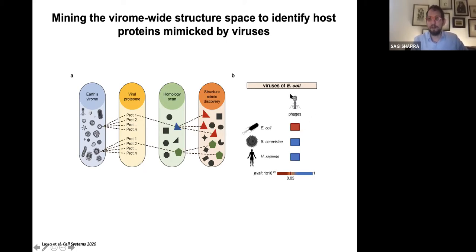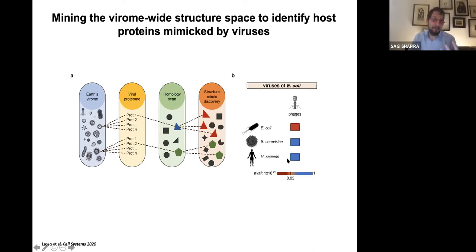We build structure models for all phage proteins that have been described, and we ask whether those proteins are more similar in structure to various hosts. And perhaps not surprising, the structure language that phages use is most similar to E. coli. Makes sense, they infect bacteria, and not very similar to yeast or human.